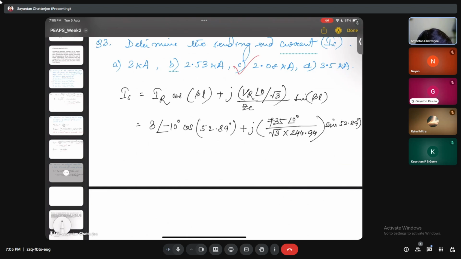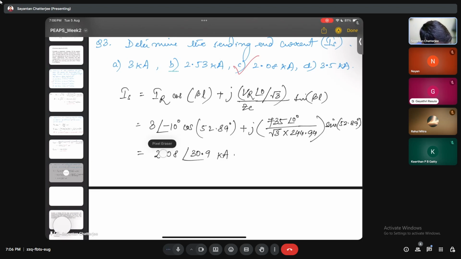So this is the final form, and if we calculate directly we will get 2.08, and some angle, which is 30.9. We just need the final value in kiloampere.